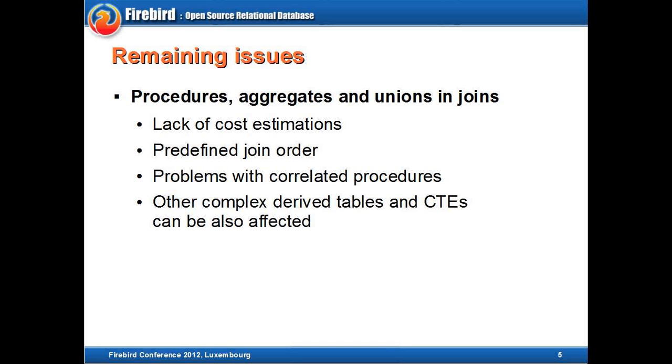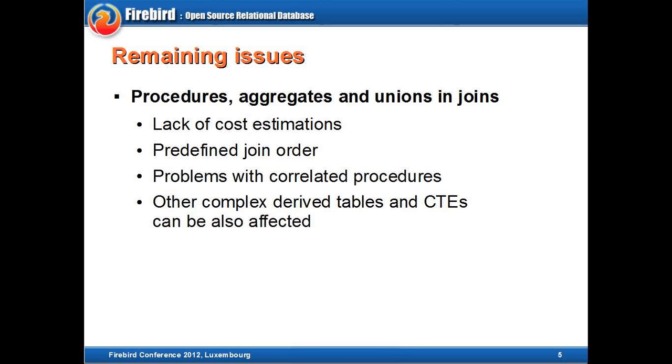So this is a known problem. Another kind of this problem is if you join procedures to tables. You know, if the procedure depends on the table via the input parameter, the regular inner join is not going to work. It will throw an error. So you have to work around it using the left join and so on to set the join order by hand.